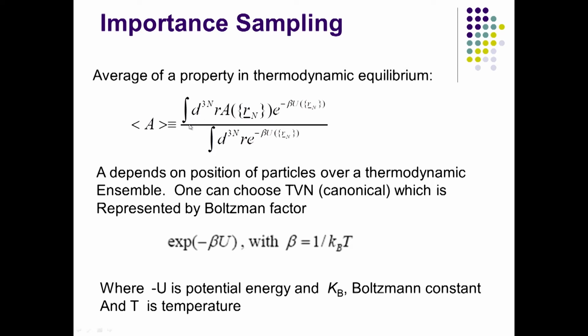So, this is where the 3N dimensional integral of that particular property with respect to r, the position vector, over all particles, with e to the power minus beta U_N. So, we are looking at the Maxwell distribution of the position vectors over all position vectors, where the denominator is what we call the partition function, which we are familiar with. We looked at that earlier when we talked about statistical mechanics.